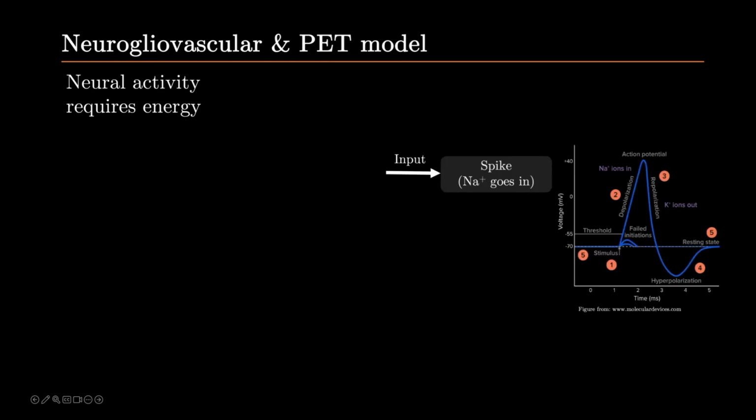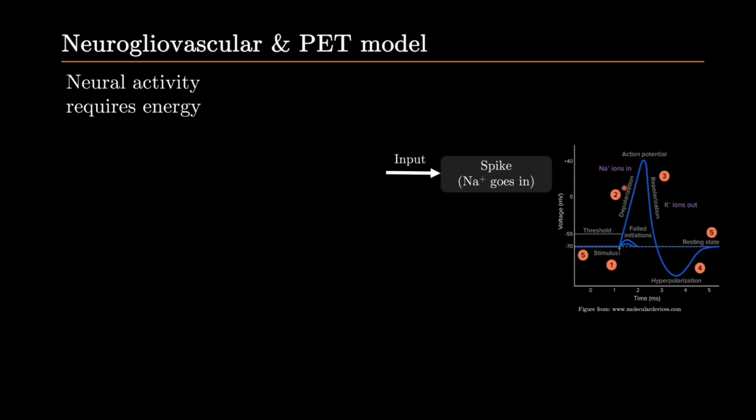Let's say we take a very, very basic neuron, which reacts to some input current by emitting an action potential, a spike. This is the typical shape of a spike. You see my pointer, right? Yes. So this is an action potential. We have a depolarization during which sodium goes into the cell, and we have repolarization during which potassium leaves the cell.